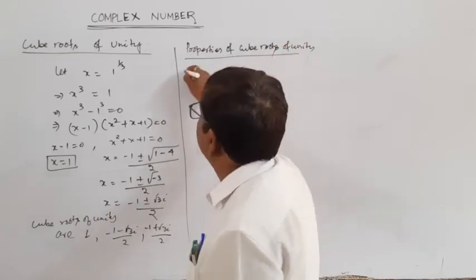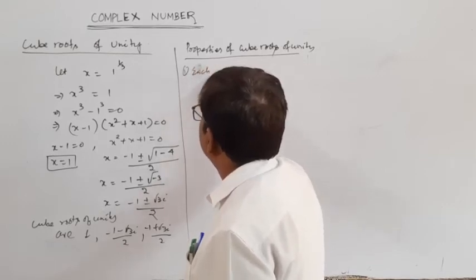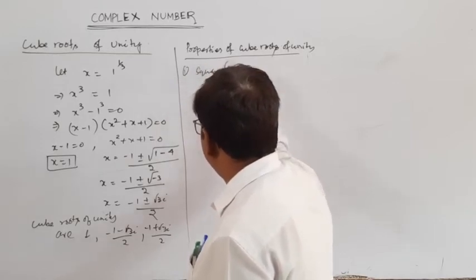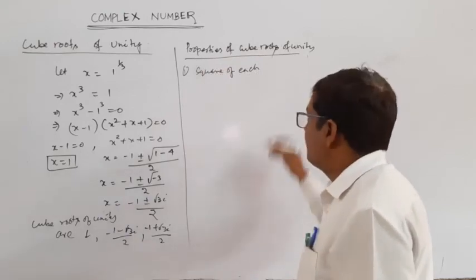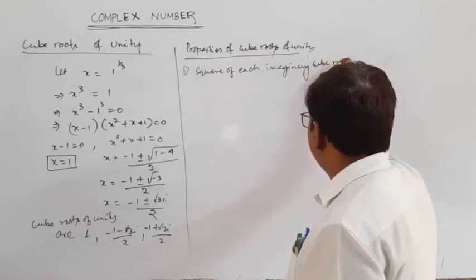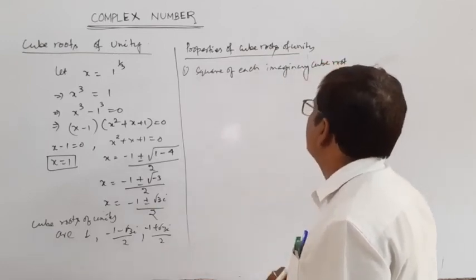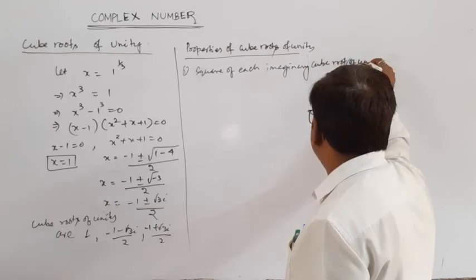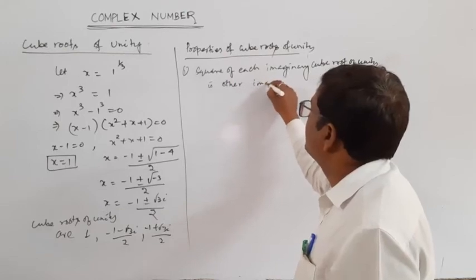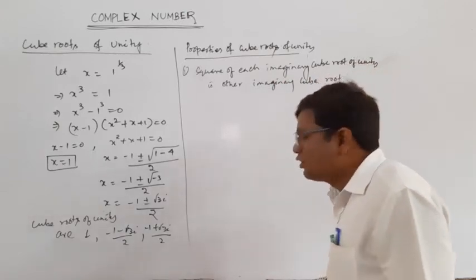Number 1 property: each imaginary cube root of unity is the square of the other. Let there be two imaginary cube roots.